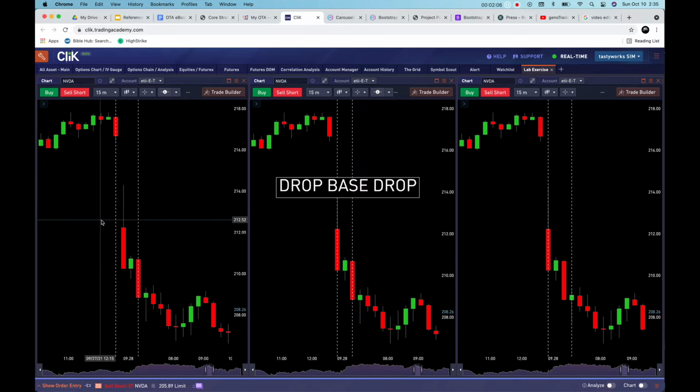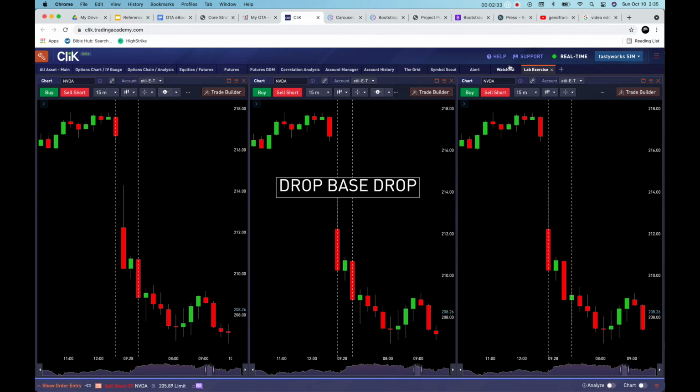Okay, now over here, gap candles would be considered a leg candle. However, this leg candle does not drop into a base, and though it did correctly identify the leg out candle, and then in chart number 3, we identified the correct leg in candle, but the leg out candle was not correctly identified.